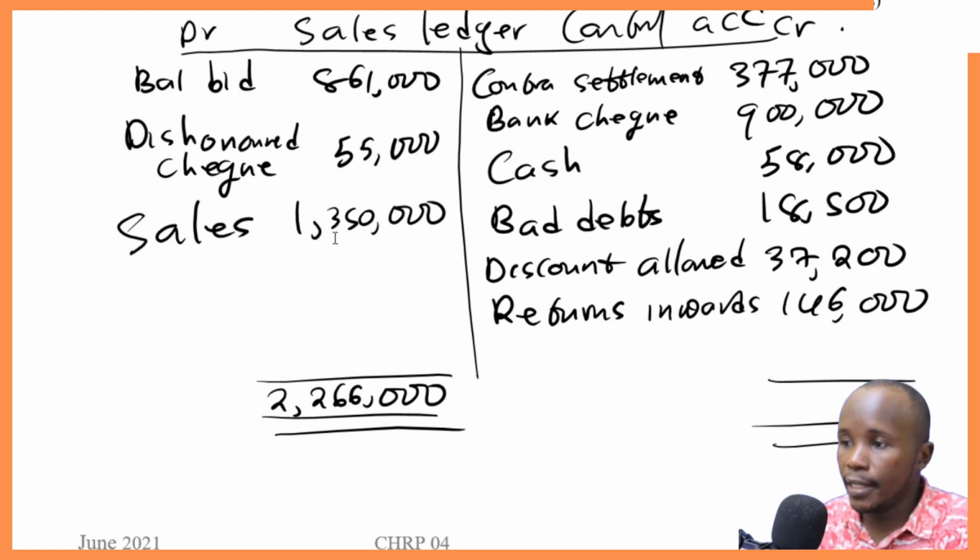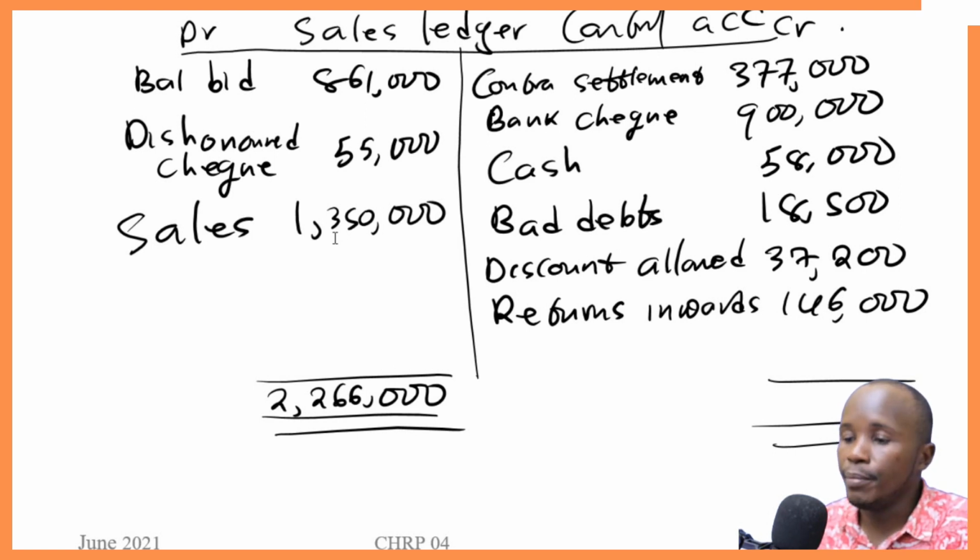When you come to the other side, we have 377,000 plus 900,000 plus 58,000 plus 18,500 plus 37,200 plus 146,000.